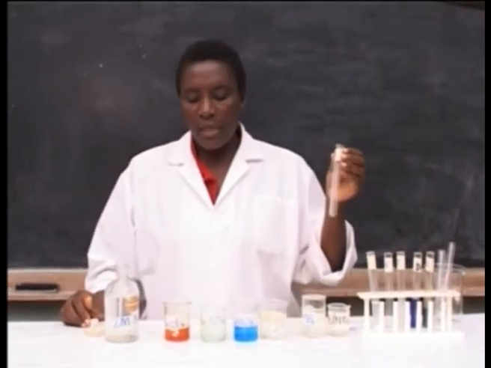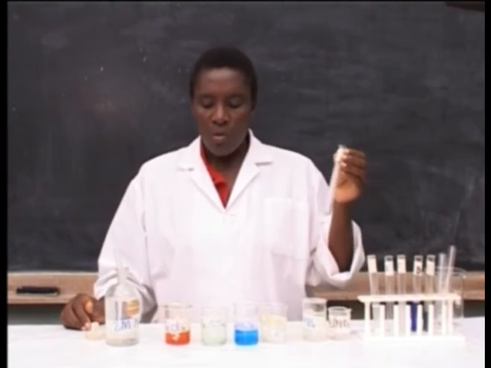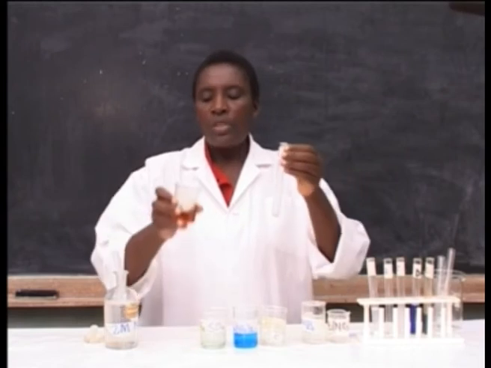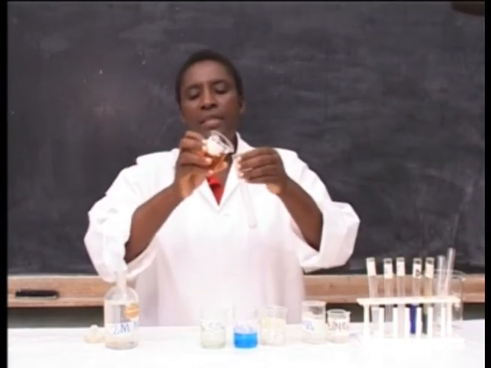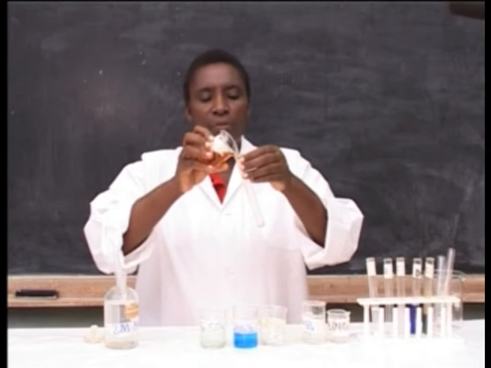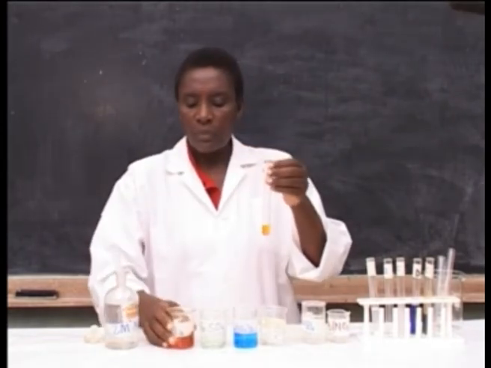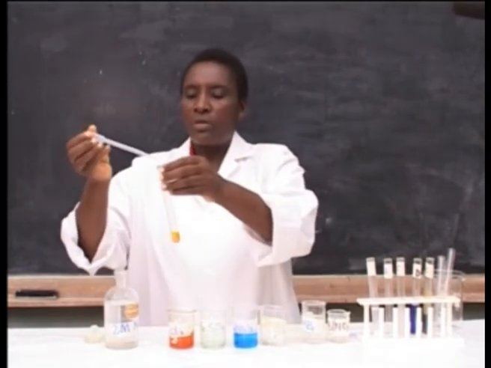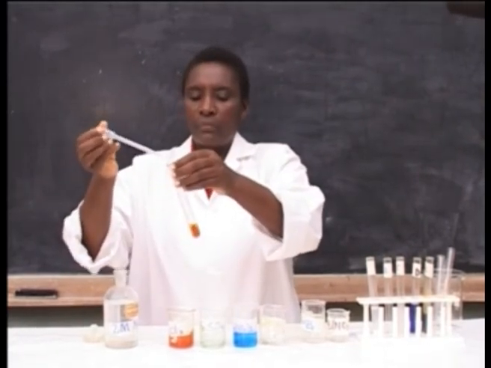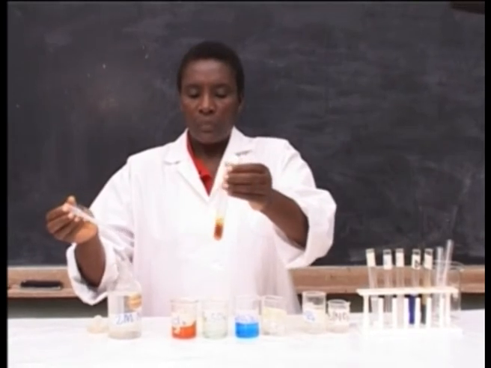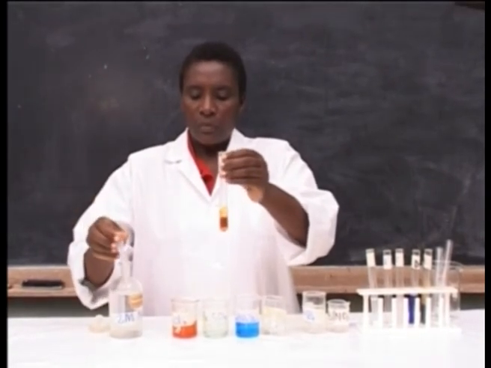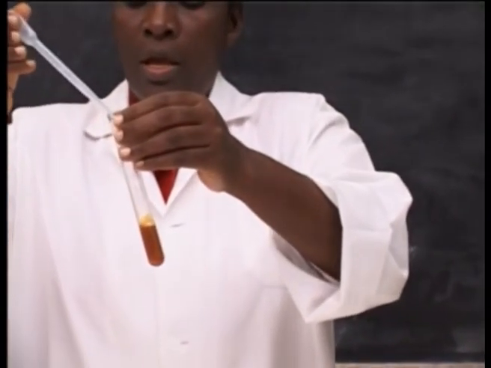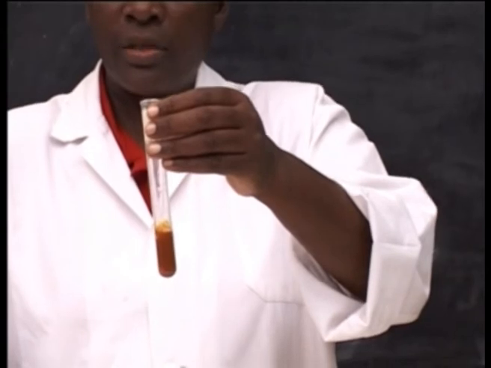Take the last test tube, which is test tube F, put iron 3 chloride solution, add few drops of ammonium hydroxide solution, then add more ammonium hydroxide solution.